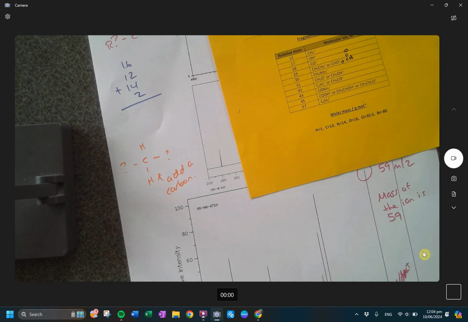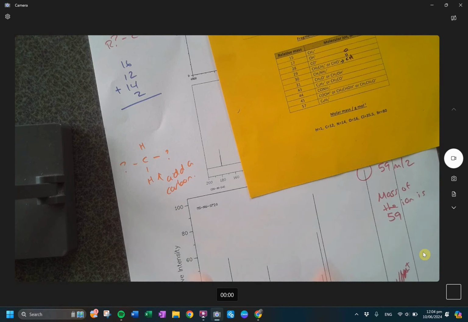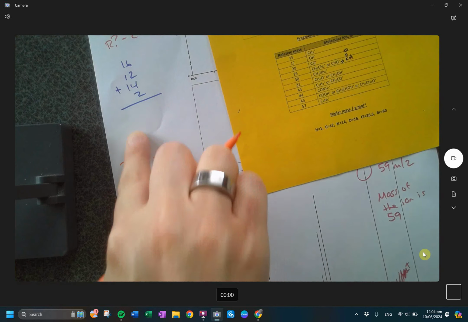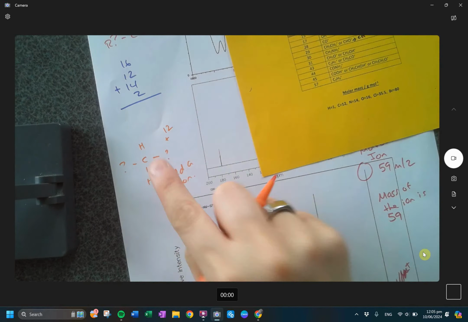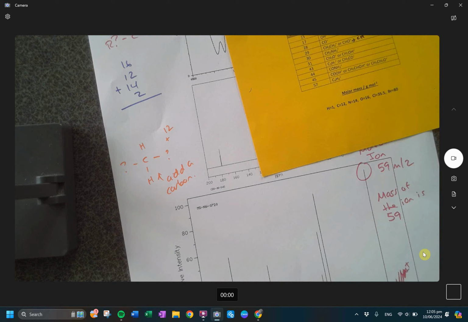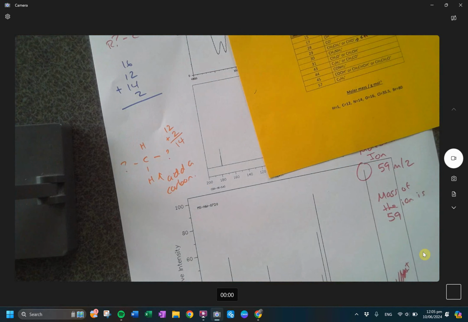It's a link in the chain. So the reason why I'm adding 14 is because the mass of this component is 14. Carbon is 12, and then I have 2 hydrogens, each of which are 1. So 12 plus 2 is 14. So that's why I say add 14 until you are 1 away from the mass. Okay?